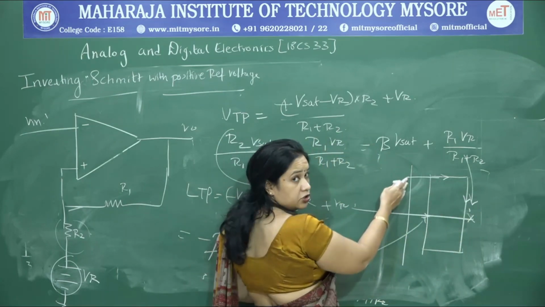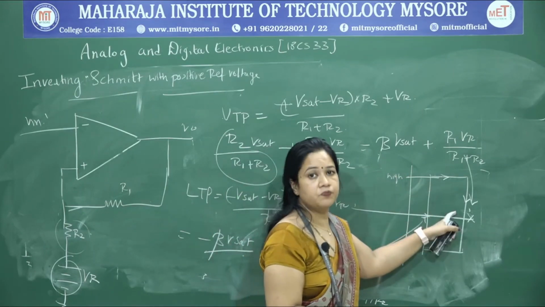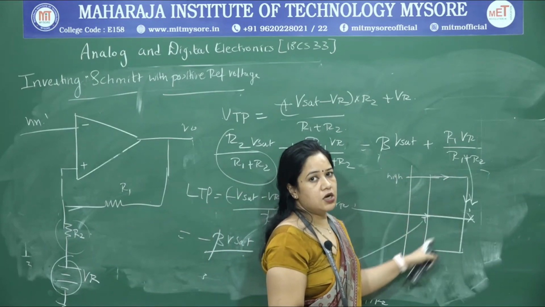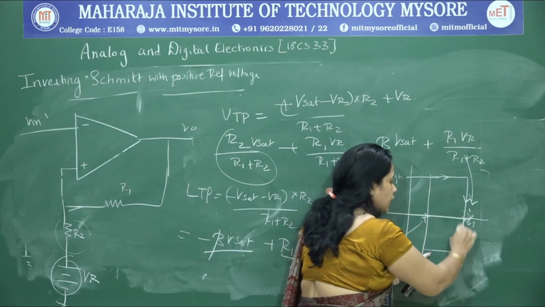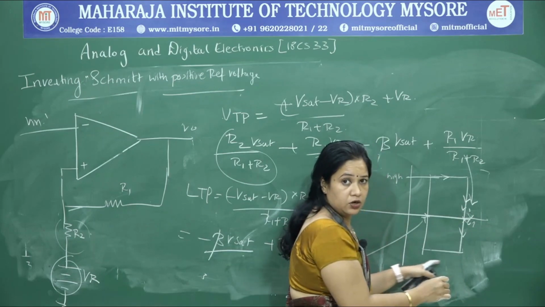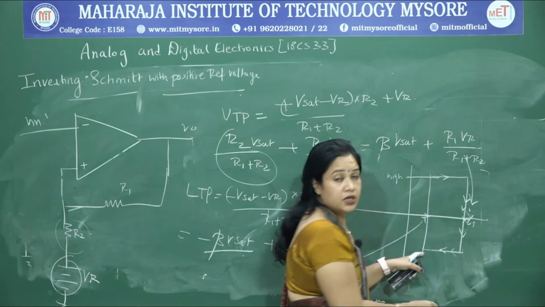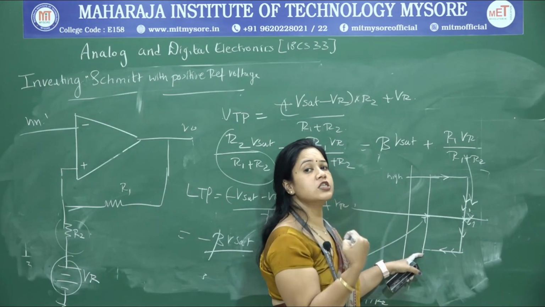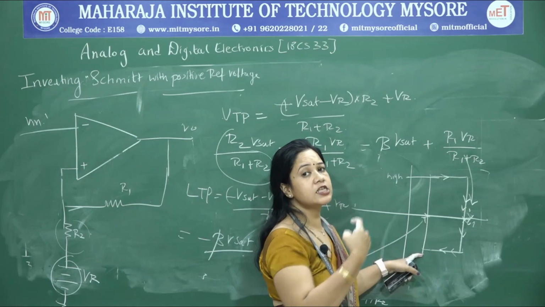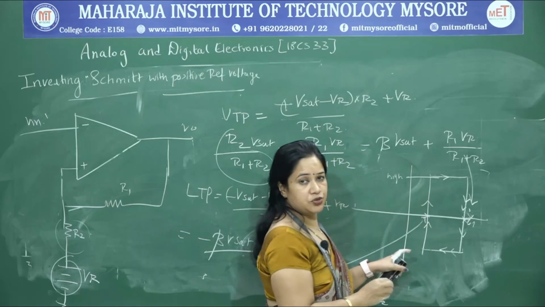The output continues to be in positive saturation until your input crosses your UTP value. Once it crosses the UTP value, it is driven towards negative saturation. It continues to be in negative saturation till your input falls below the lower threshold point, and then it goes to positive saturation.